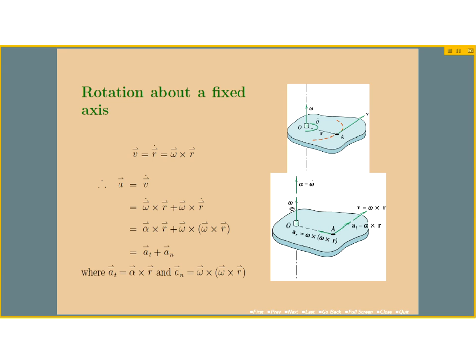So alpha and omega both must be normal to the plane. Of course, they may change in direction. It's possible to have omega going up and alpha going down, or both of them going down. In other words, that corresponds to a sign change. But both of them must always be normal to the plane.